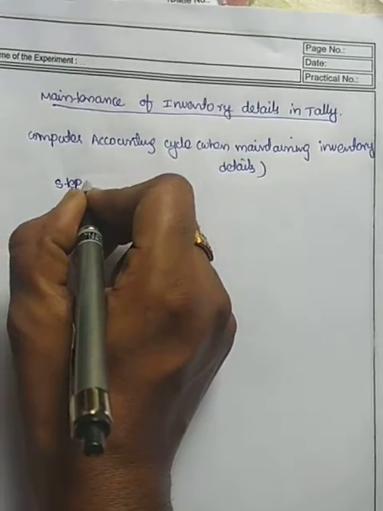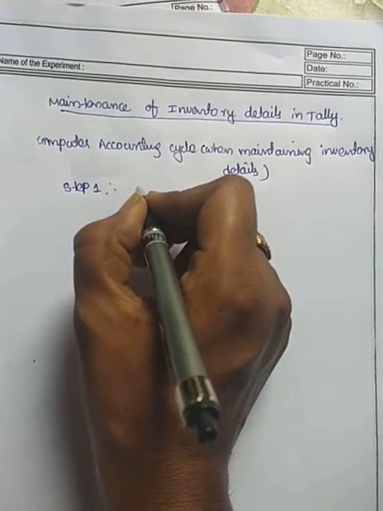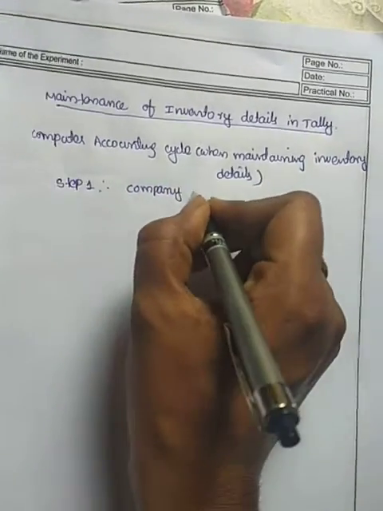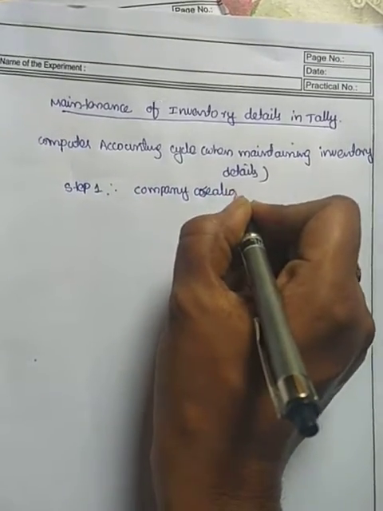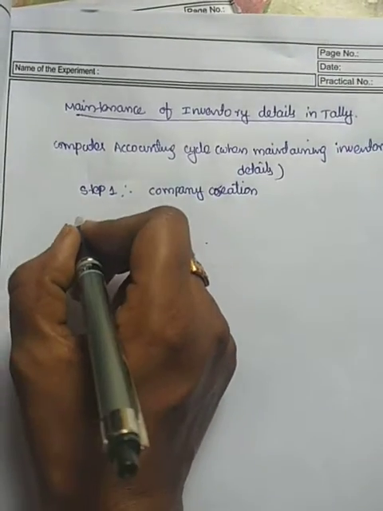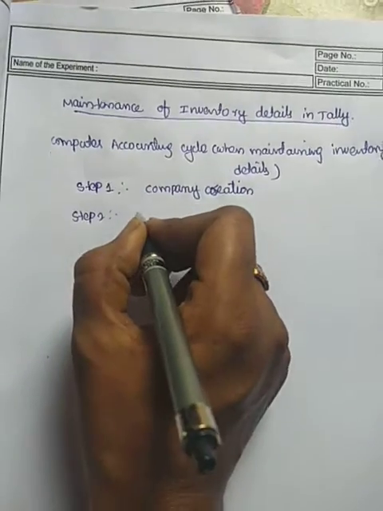In step 1, first we have to create a new company, that means company creation. Next, after creation of a company, we have to create the ledger accounts for the transactions.